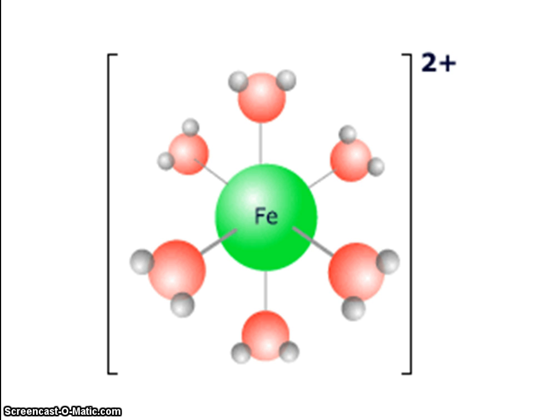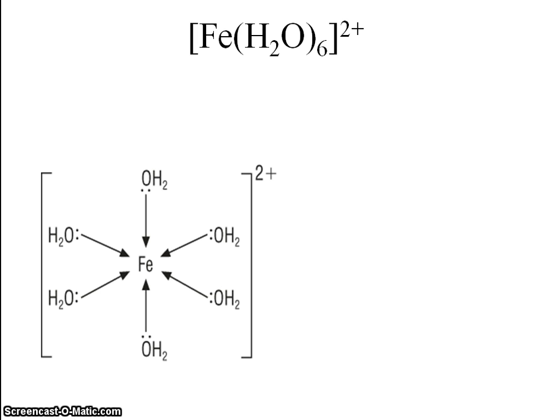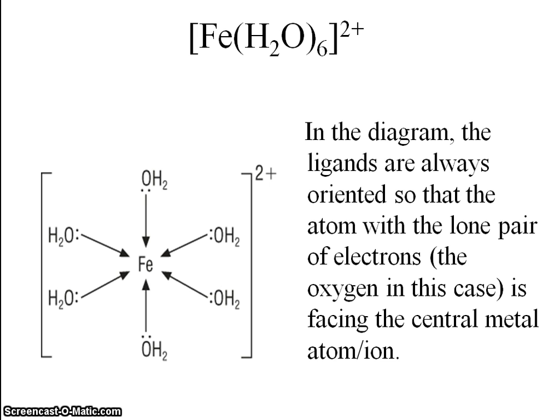There's a simplified diagram showing the complex, with the overall charge outside the bracket. Here it is again, neatly showing the oxygen's lone pair of the water molecule. We go to some trouble to make sure that the lone pair on the oxygen is facing the metal.